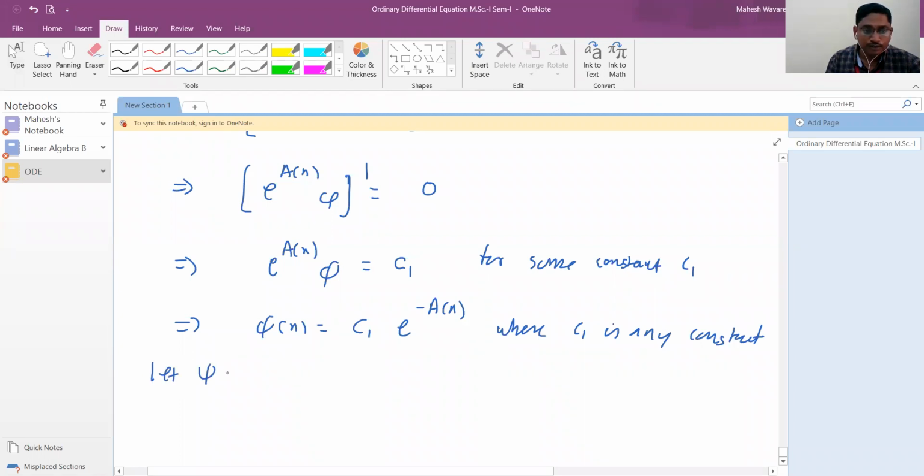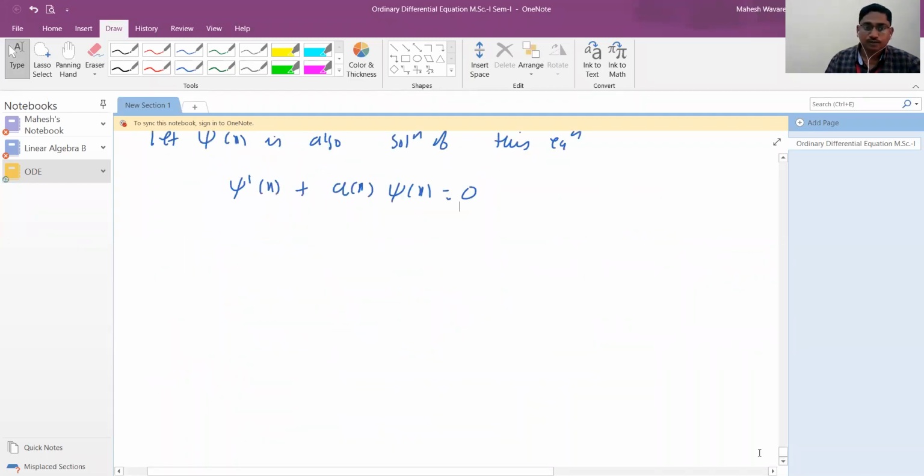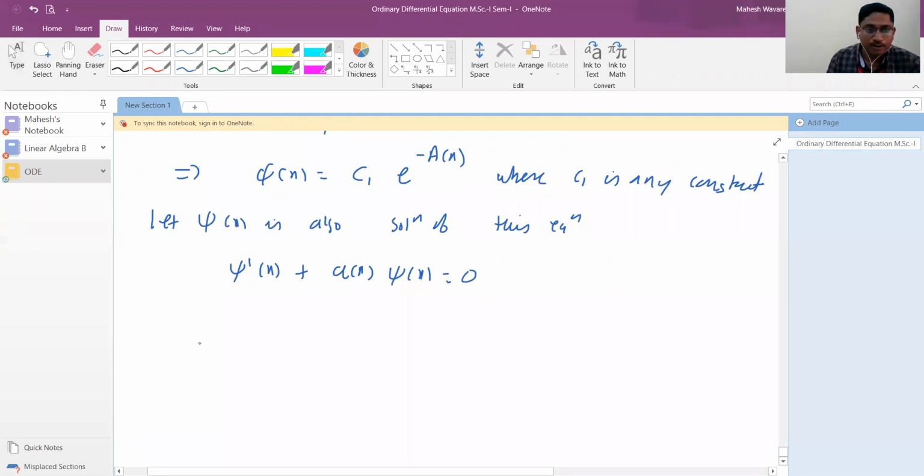Let psi of x also be a solution of this equation. This means what? The given differential equation. So that means psi dash x plus a of x into psi of x is equal to 0. So as usual, multiply by the integrating factor. What is that? e to the power A of x.